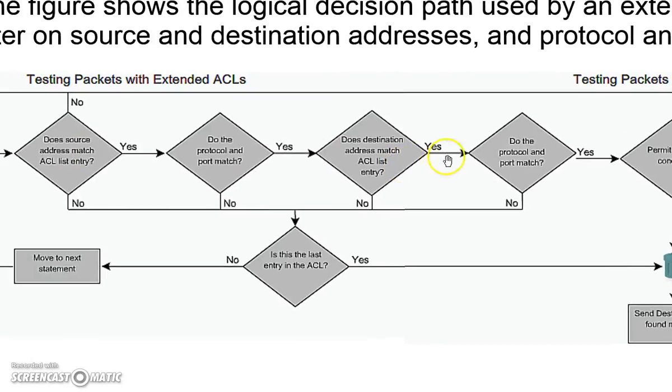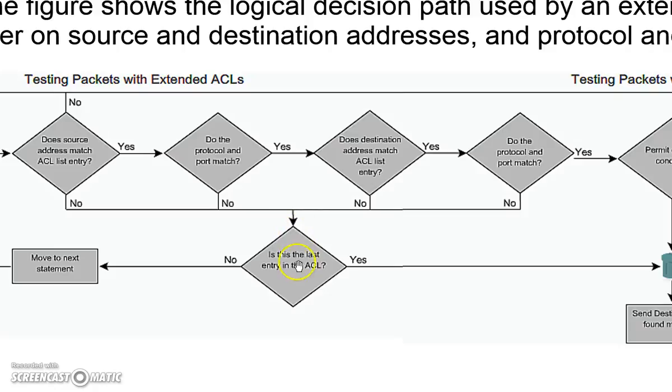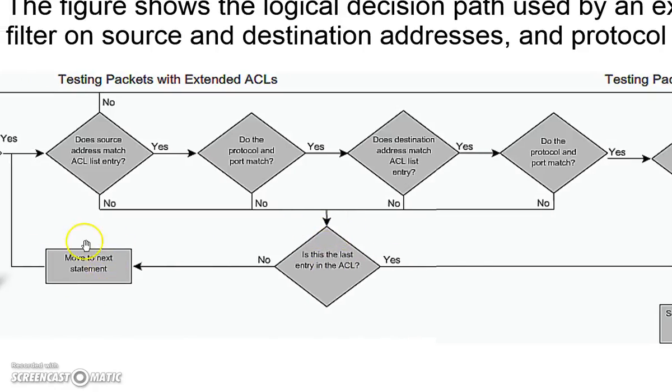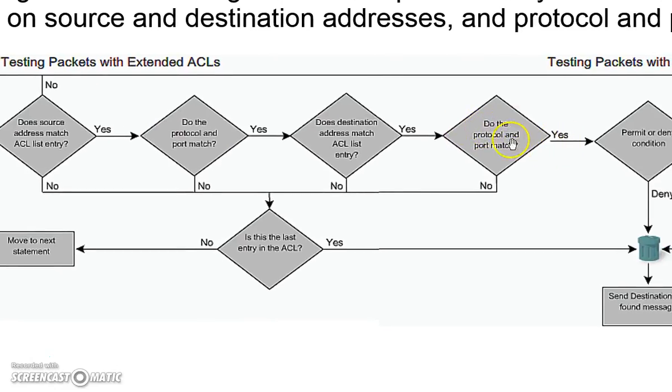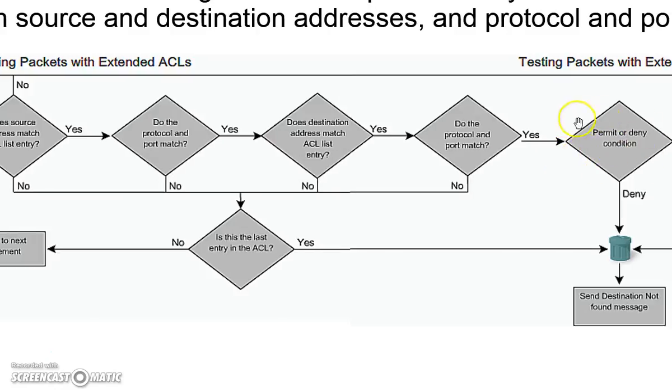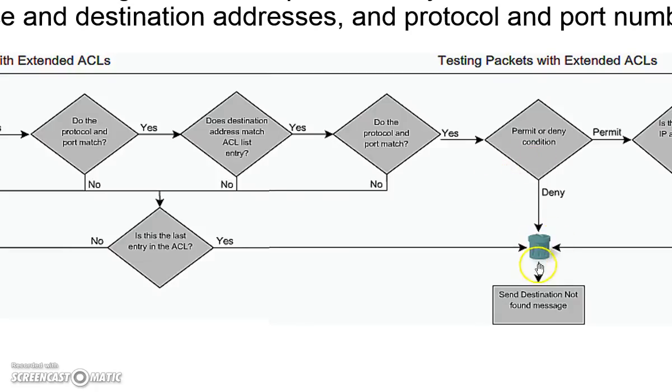If any one of these conditions doesn't match, it will then move on to the next access control list statement, unless it's the last one, and then it will try to match again. All the entries must match before it decides that this is the matching entry and then drops or permits the packet.